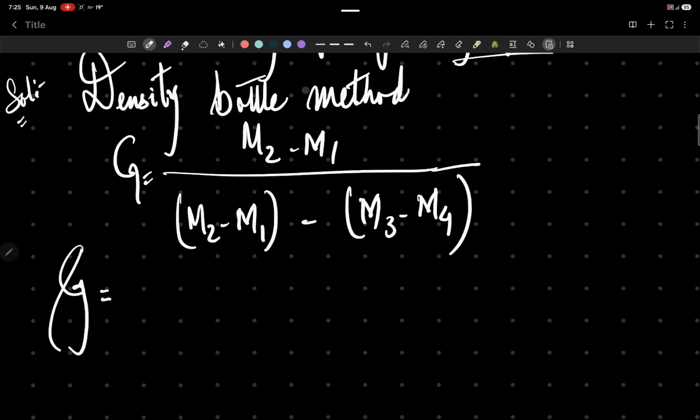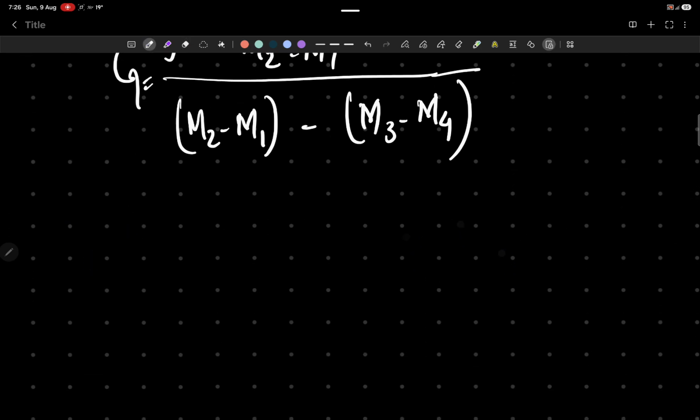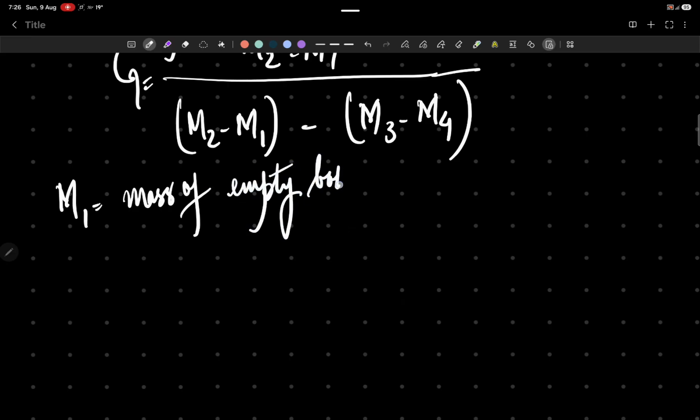Now let me tell you what these M1, M2, M3, M4 are first. M1 in this density bottle method is mass of empty bottle. M2 is mass of bottle and dry soil.